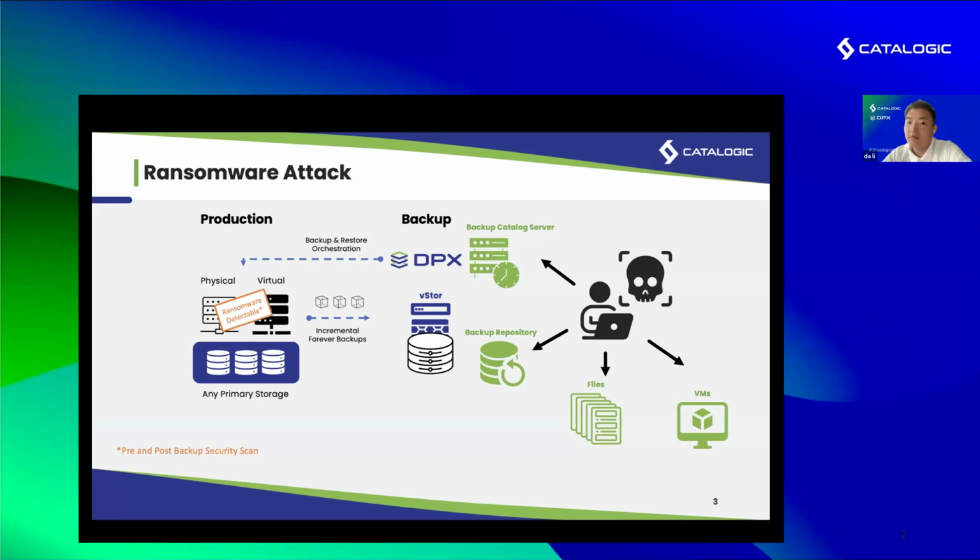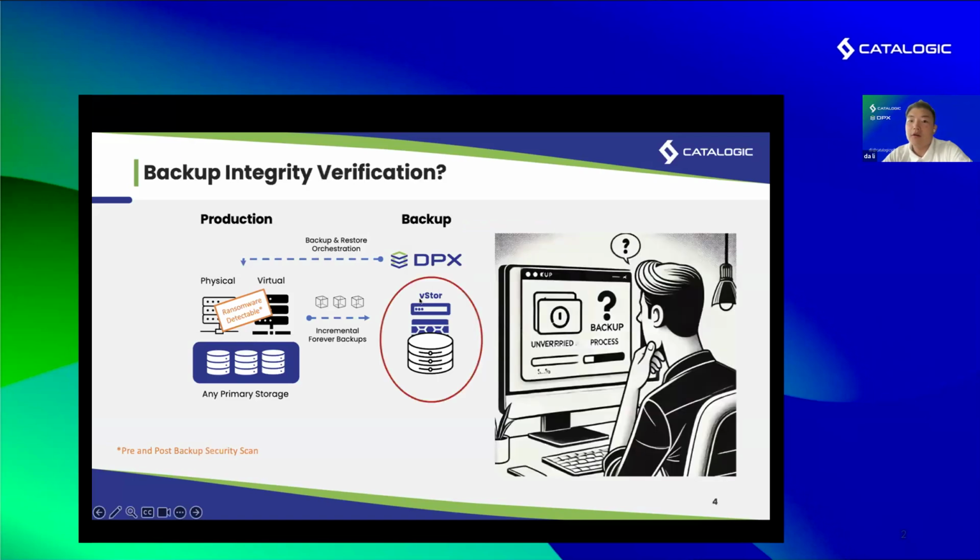And they want to ensure that that backup is also free from ransomware, which is pretty important. Right. So vStor could be another hole which could be attacked by any hackers or any ransomware. Is there some approach we can take to deal with that situation?